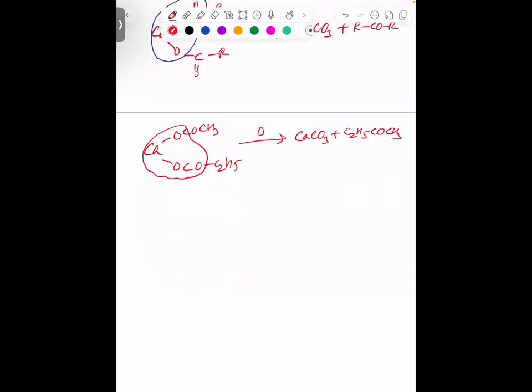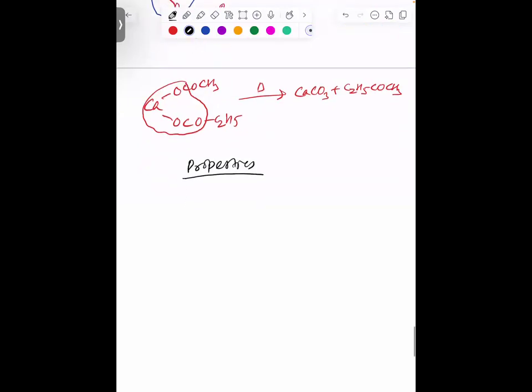Next is properties. So what are the chemical reactions given by the aldehyde and ketone? First, due to the presence of unsaturated bond. So which is the unsaturated bond? Carbon oxygen double bond.